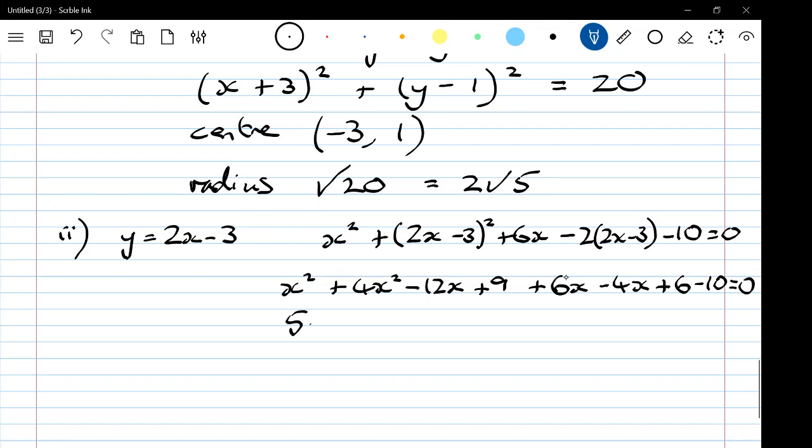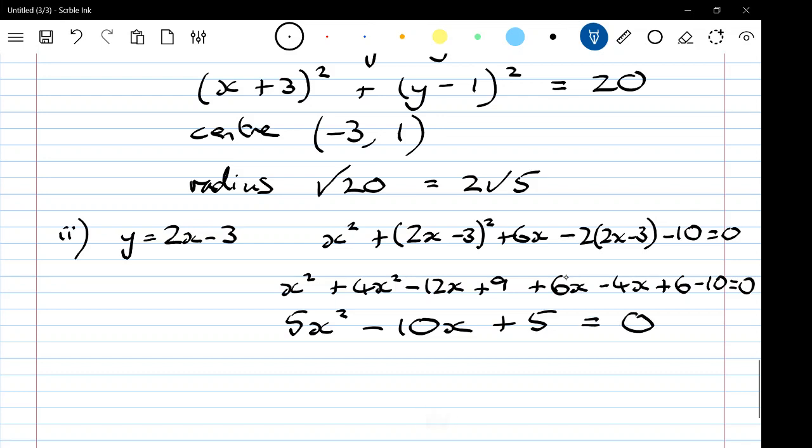We've got 5x squareds. We've got minus 12 plus 6, so that's minus 6, minus 4, so that's minus 10. And we've got 9 plus 6, which is 15, take away 10 is 5, equals 0.